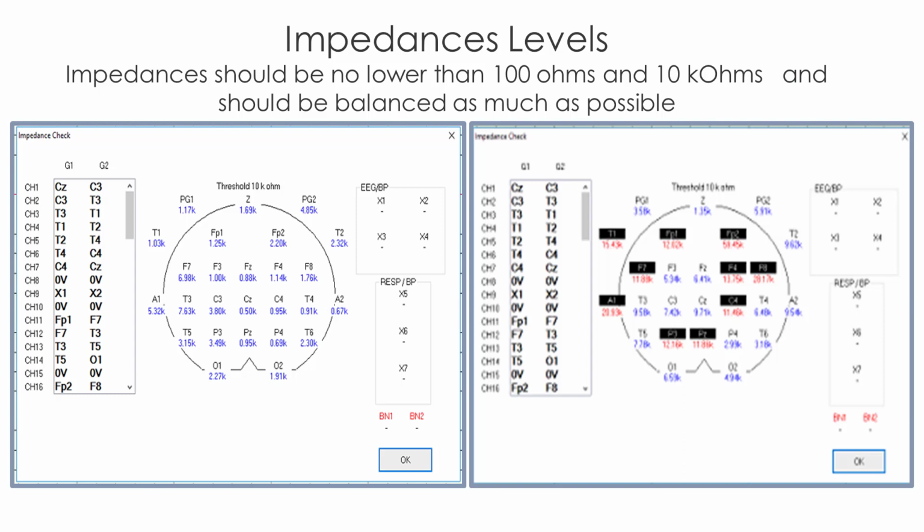So not only do your electrodes need to be low between those standards, but they also need to be balanced, meaning that they are all around the same level, such as the left diagram. On the right side, you have a couple of areas with high impedances in red, which means you need to probably work on a couple of those areas to lower them to an acceptable level.